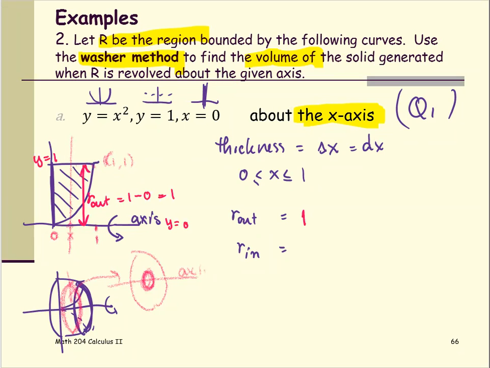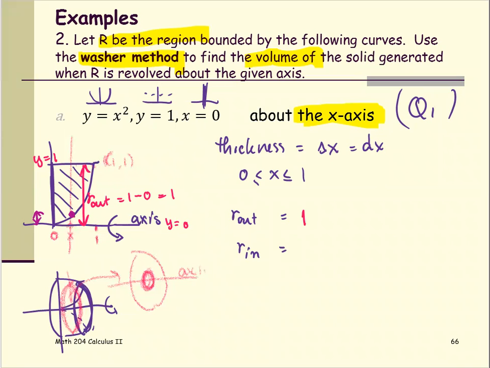The inner radius is going to be the part that you don't include in the solid object.